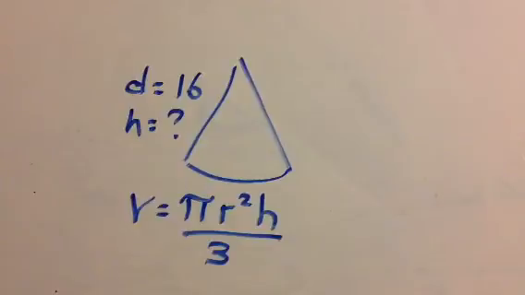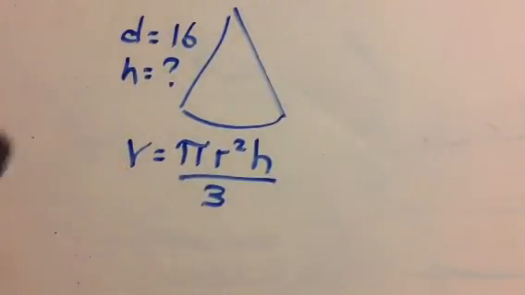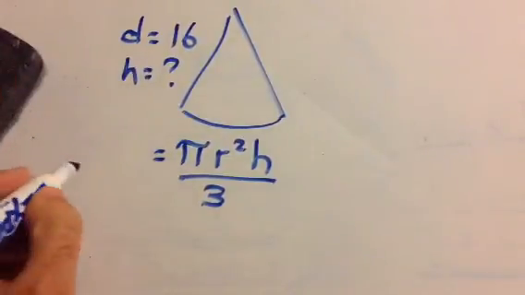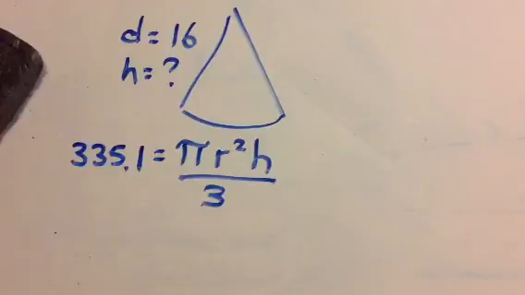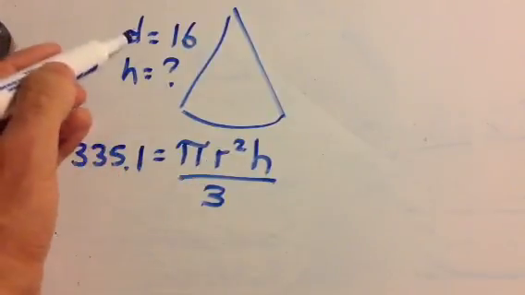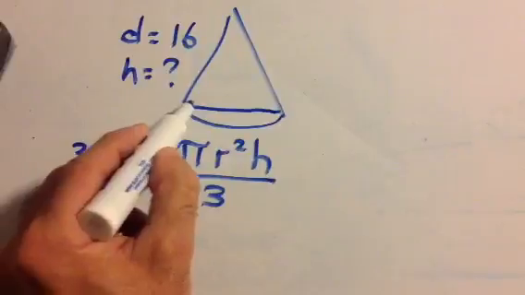You can't solve this without the volume. So let's say the volume now is 335.1. What else is missing? We're missing the radius. We know the diameter, right? So the diameter is this whole thing here.